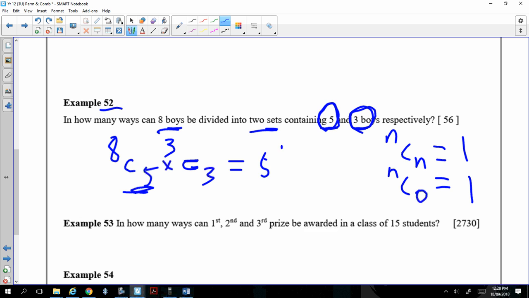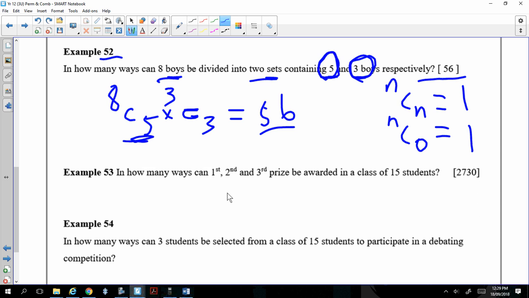How about the next one, 53? What would you do? How many ways can first and second and third prize be awarded in a class of 15 students? All right, who can give me the answer? All right, anyone can tell me.